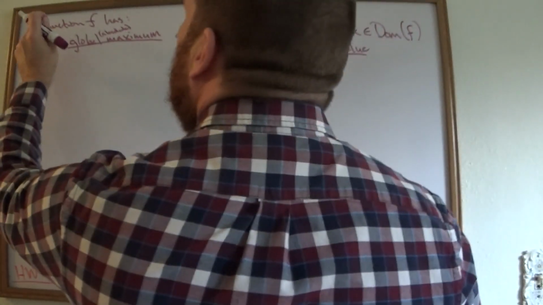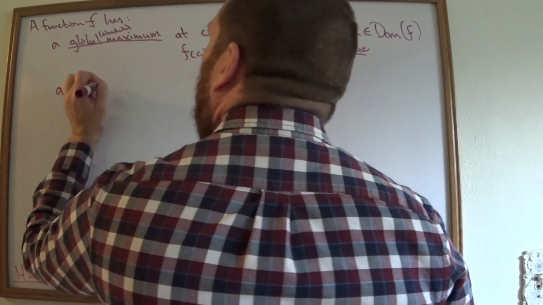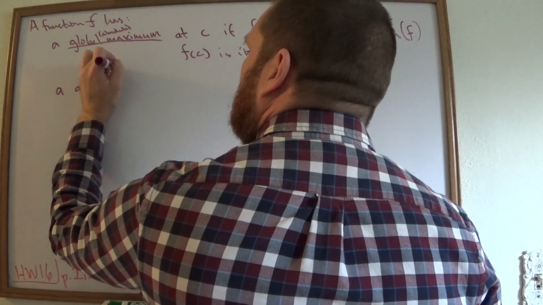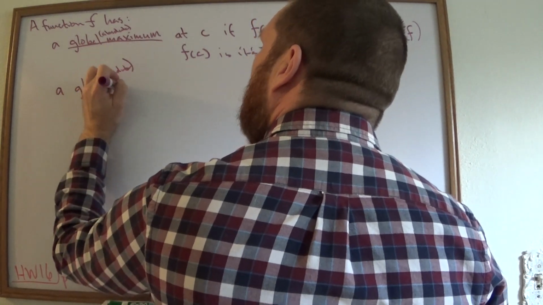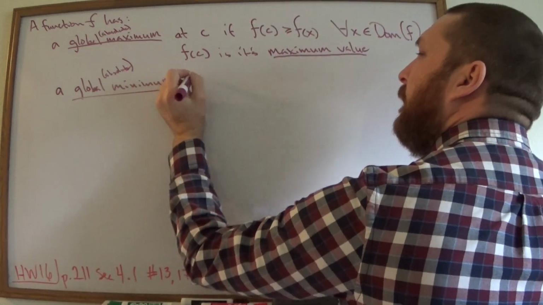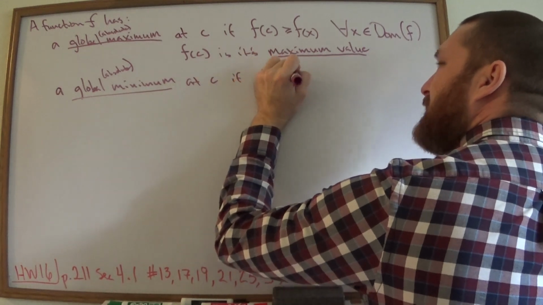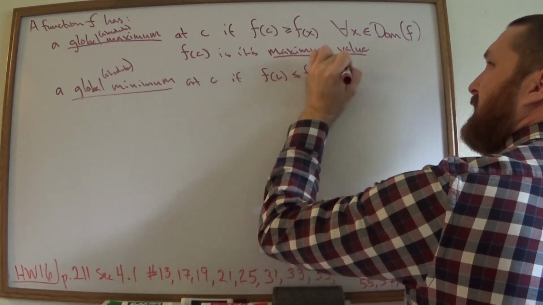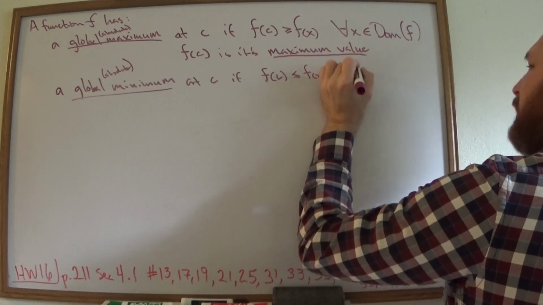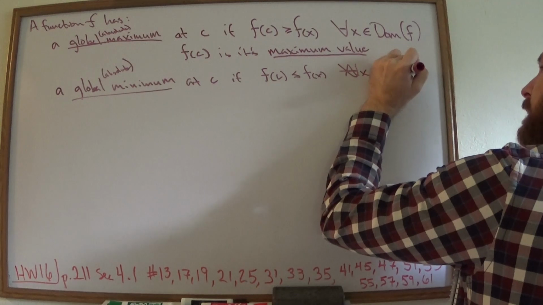Who cares? Okay. A function f has a global or absolute minimum at c if f of c is less than or equal to f of x for all x in the domain of f.